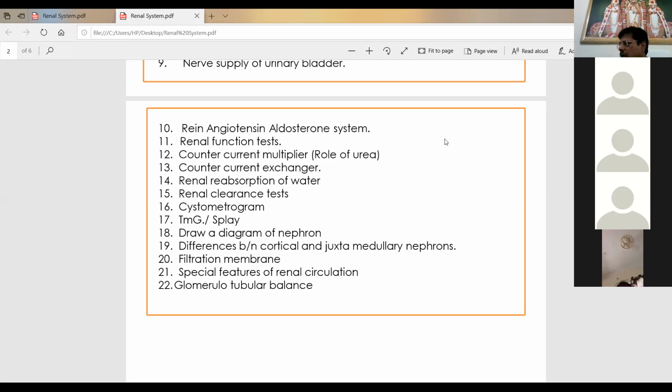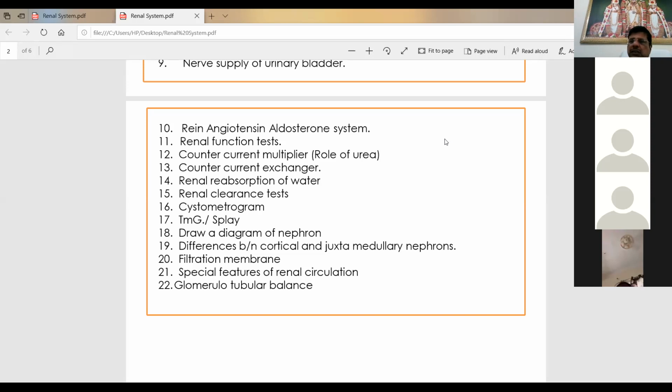Okay. So any other chapter you have, any doubts you can ask me. Tomorrow I'll start with blood pressure. Please read up about the blood pressure, okay?